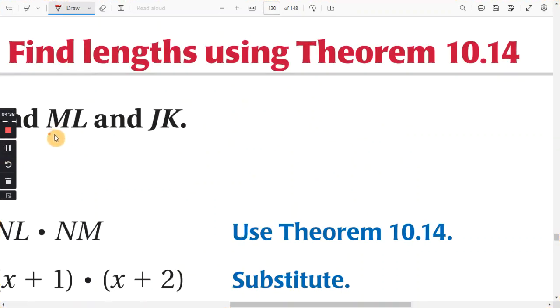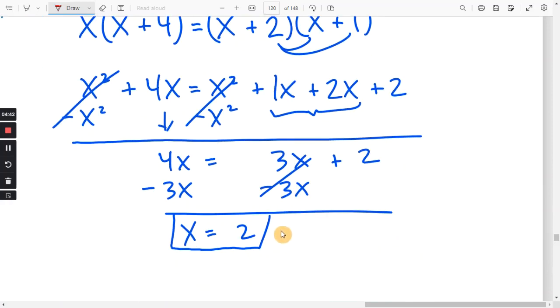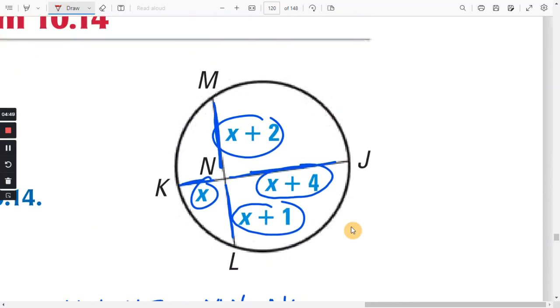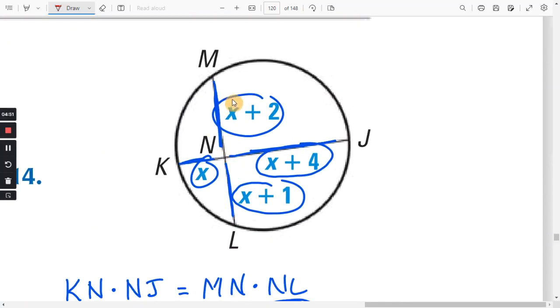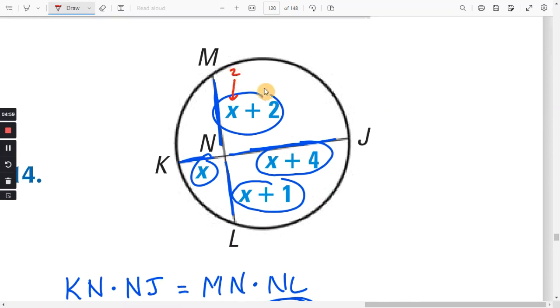Actually, they asked us to find ML and JK. So we just have to take that 2 and plug it in. They asked us ML. Because X equals 2, if we put a 2 in there, that's going to be 4.